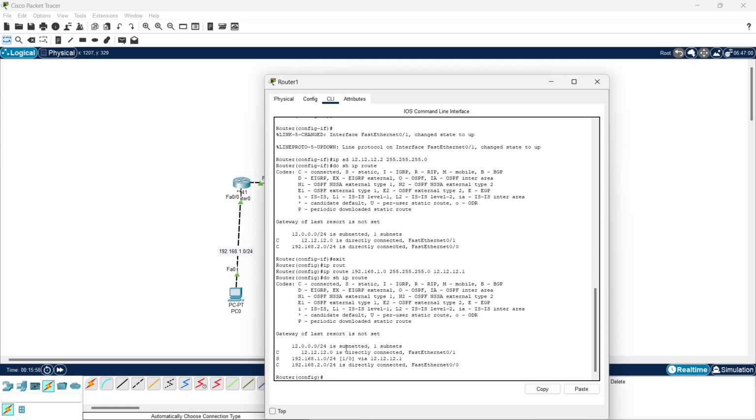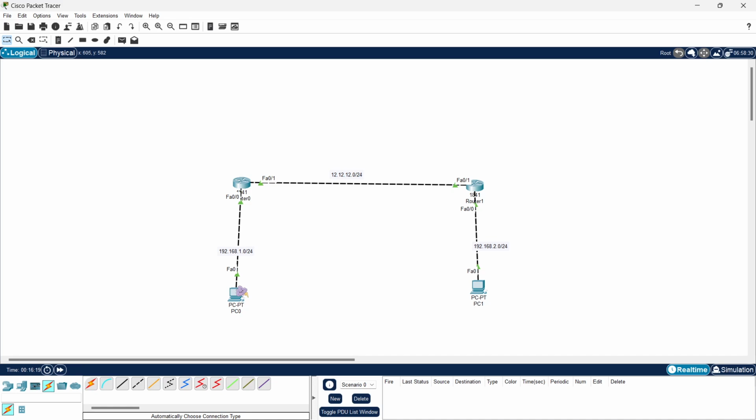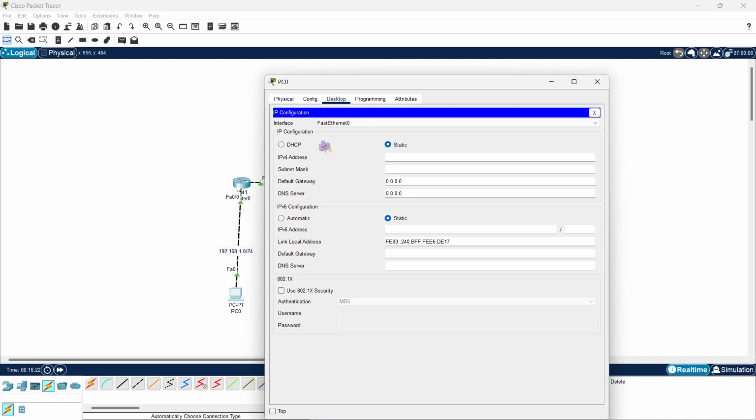And after that, we're going to ping from the client, from the PC. But for the first, you have to add the IP address at the PC first. Okay, 192.168.1.2, subnet mask 24.